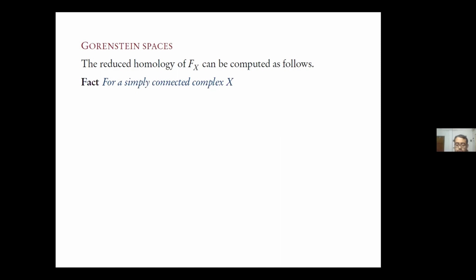They prove that for a simply connected complex X, the reduced homology, that's what this tilde denotes, of the Spivak fiber with respect to k, where k is a field (you can take k to be Q, but you can take k to be any field), turns out to be equal to calculating the Ext groups over the cochains of X with k coefficients of these two things.